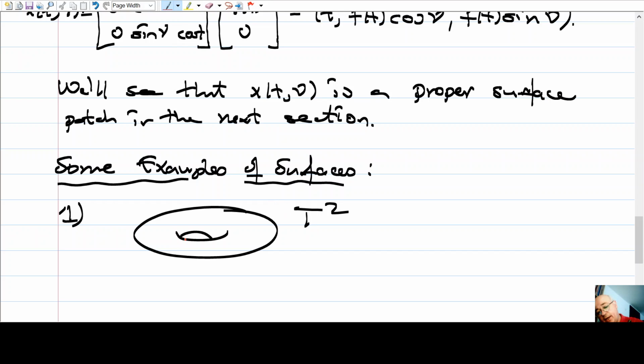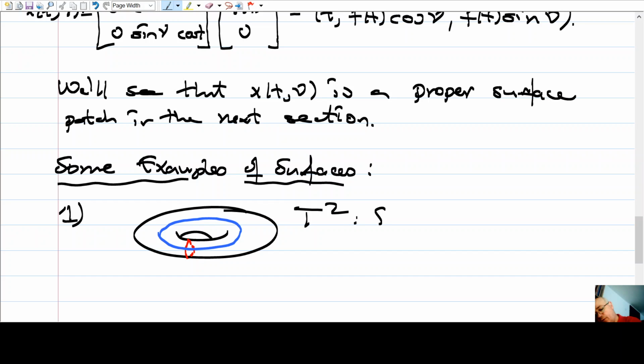If you take a circle like this and rotate this circle about the z-axis, what you will get is this surface, which is the 2-torus.